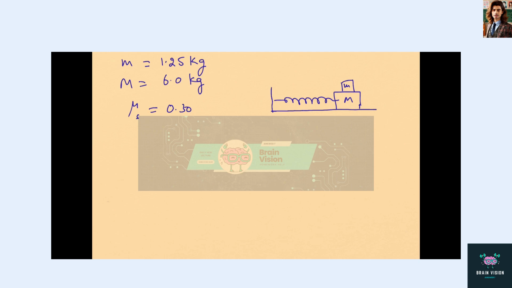Now, as the capital M will be oscillating, the small m kept over it will also move along with the capital M due to friction.